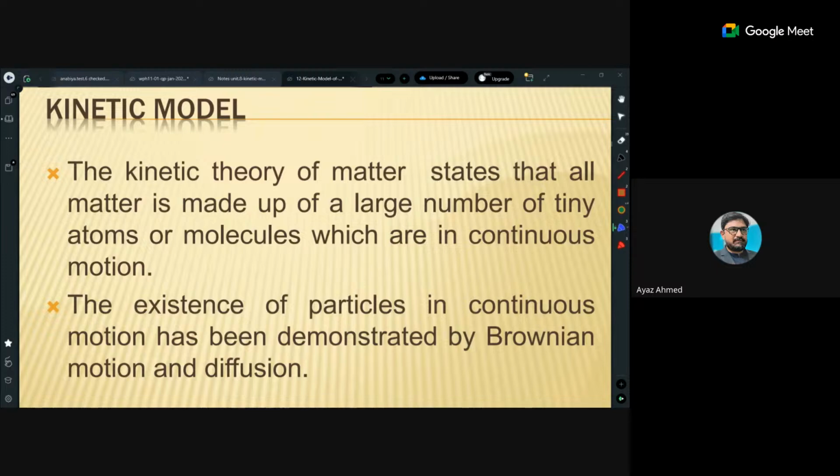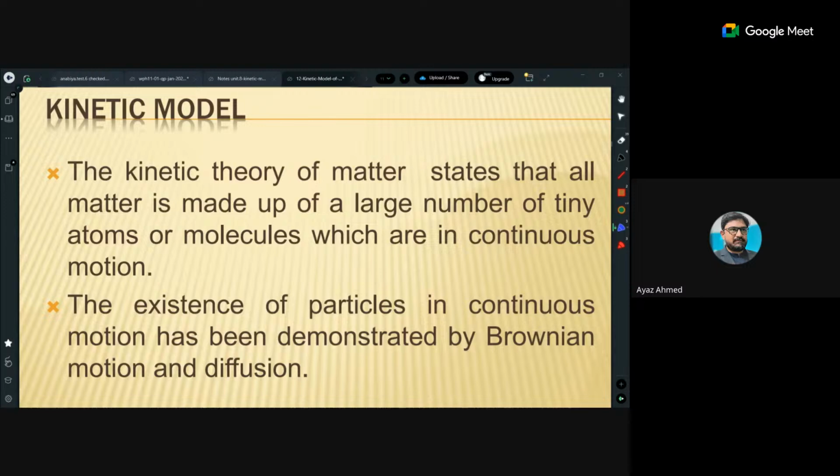The kinetic theory of matter states that all matter is made up of a large number of tiny atoms. This is one postulate, one idea of the kinetic molecular model.